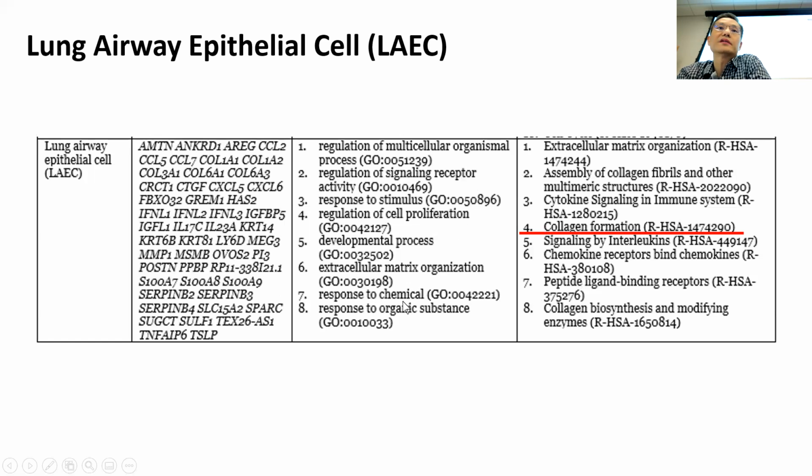Some still have development processes, a very large group of functions, but there are some characteristic pathways that can be used to describe those genes, including this collagen formation. Remember, it's lung, and you do need some production of collagen, maybe at the epithelium level. So to me, these are the reflection of the function of these cells.